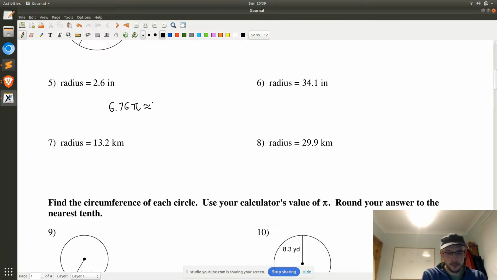And that is 21.2 square inches. Square 34.1 now. 34 squared is 1,156, and 34.1 squared is 1,162.81.